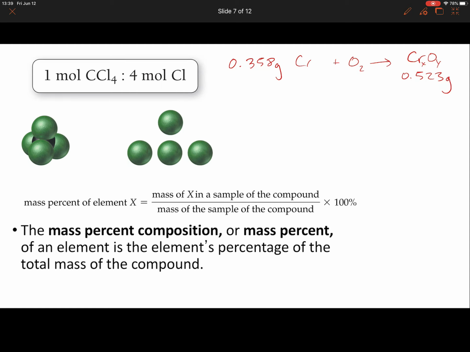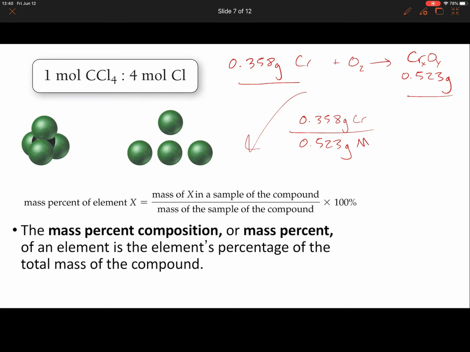They form some kind of compound together in some ratio that we don't know, but we know that we can weigh them. And from that, we know the weight of the chromium and we know the weight of the final product. So we could stick those numbers in here, and we could say the mass of the chromium is 0.358. The mass of the compound, the metal oxide, 0.523 grams.